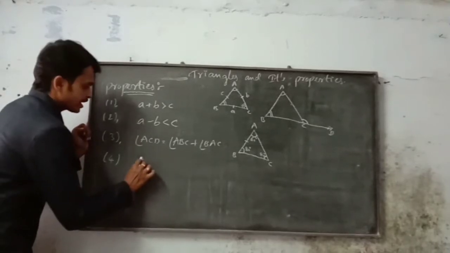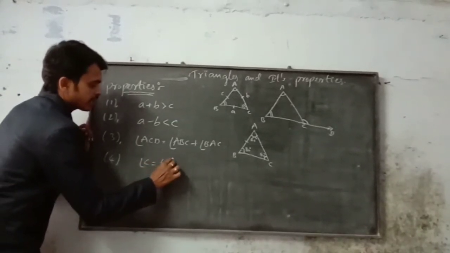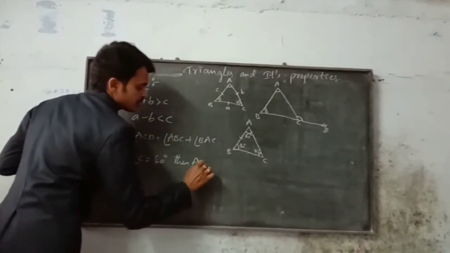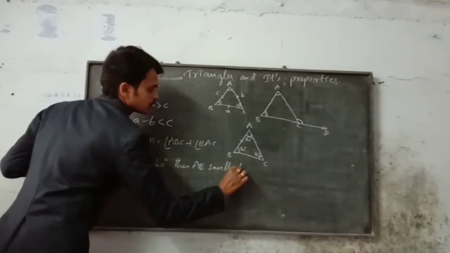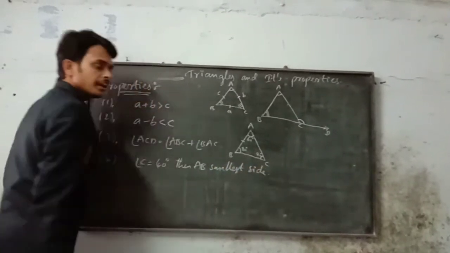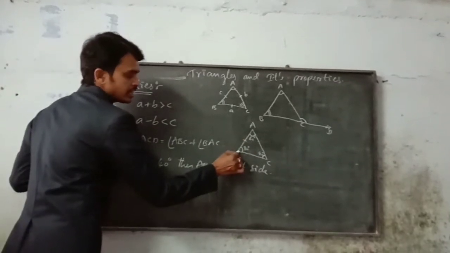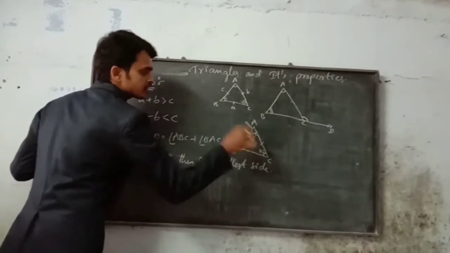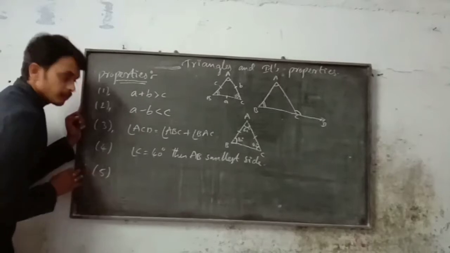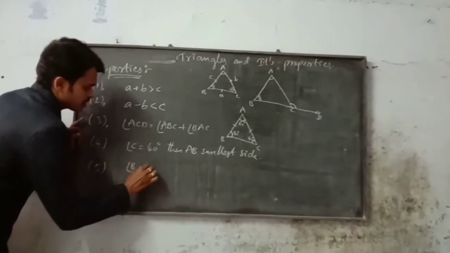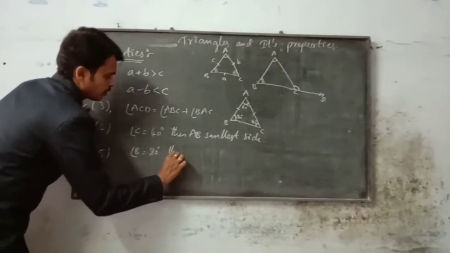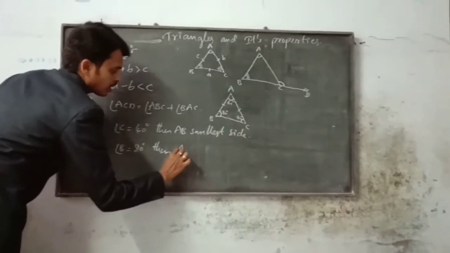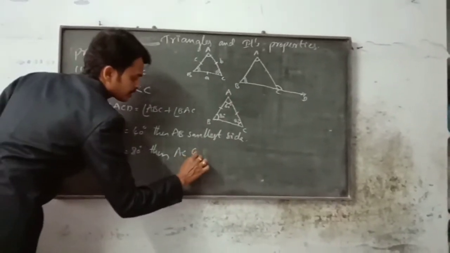So angle C is the smallest angle, then side AB is the smallest side. Angle B is the greatest angle, and its opposite side is the greatest side. For angle B, AC is the opposite side, so AC is the greatest side.